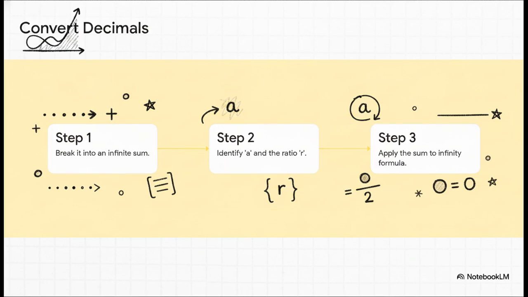For example, we can easily convert annoying repeating decimals into neat, clean fractions for exam questions by treating them as an infinite geometric series. Let's walk through 3 simple steps using 0.03 repeating. First, we break it down into an infinite sum. Second, we identify our a as 0.03 and our ratio r as 0.01. And third, we just apply our sum to infinity formula.